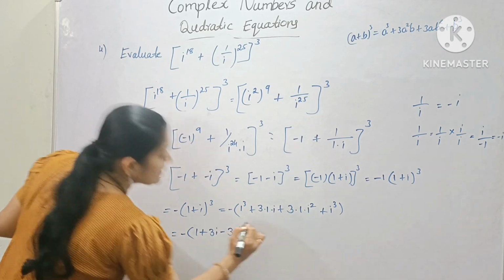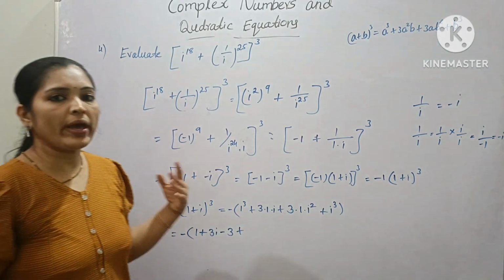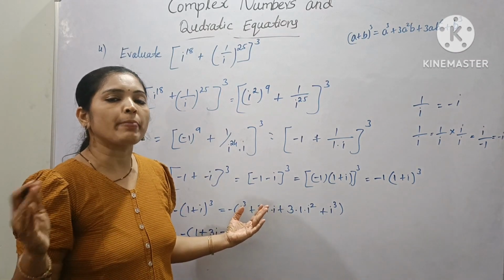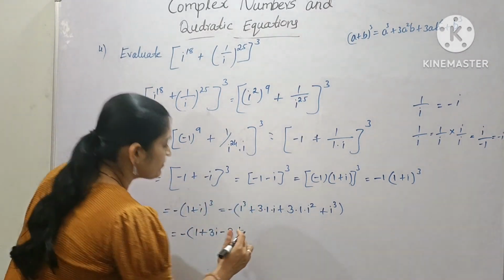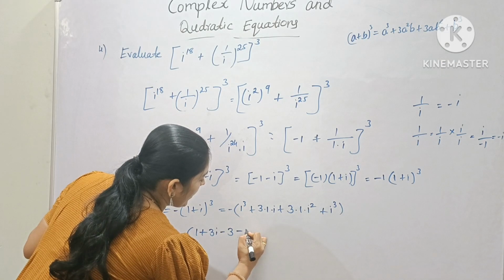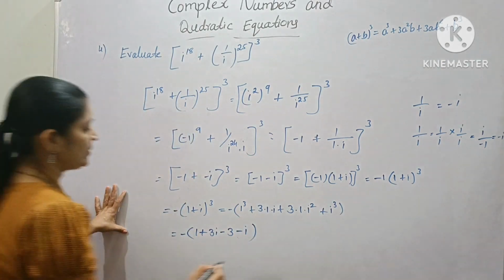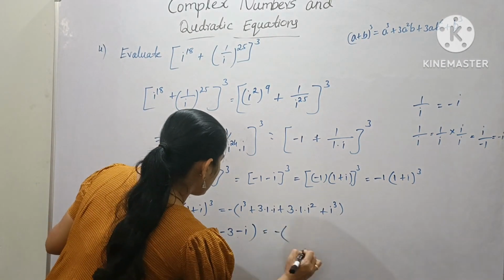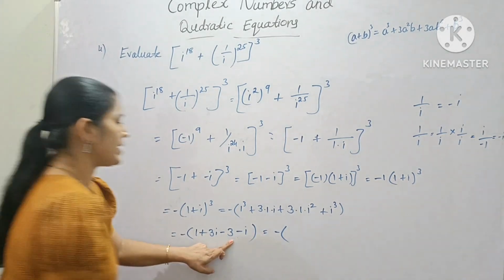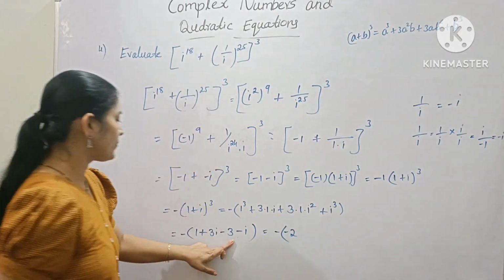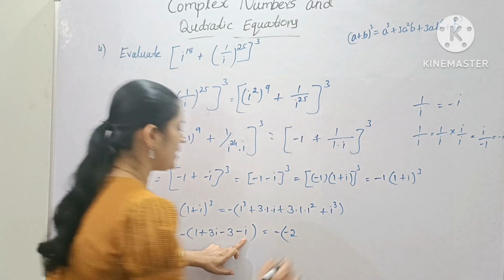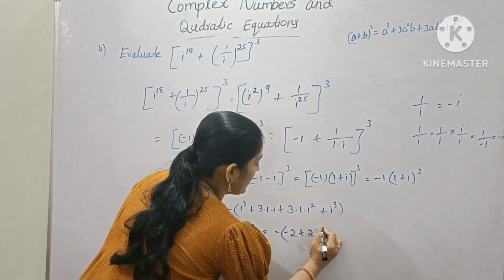Plus i cube: i square is minus 1, so i cube is minus 1 into i, that is minus i. So here, minus of 1 minus 3 is minus 2, and 3i minus i is plus 2i.